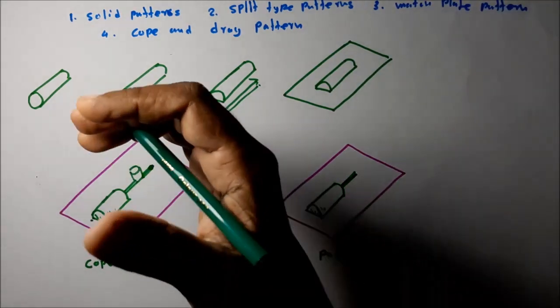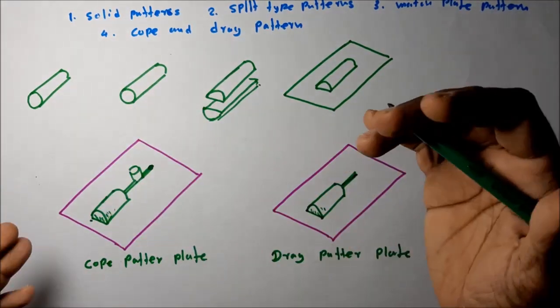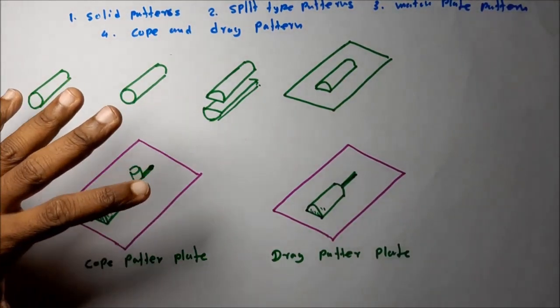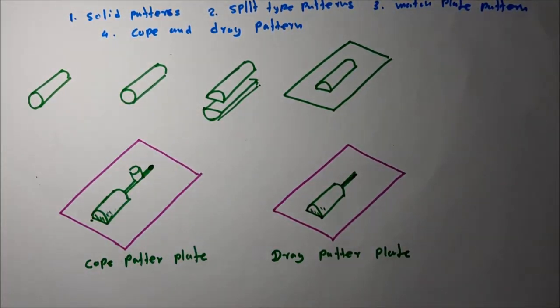We just put the flask on top of this cope or drag pattern plate. Then by compacting the sand mixture around the pattern on this plate, we can create the total cavity area. I will explain that also.